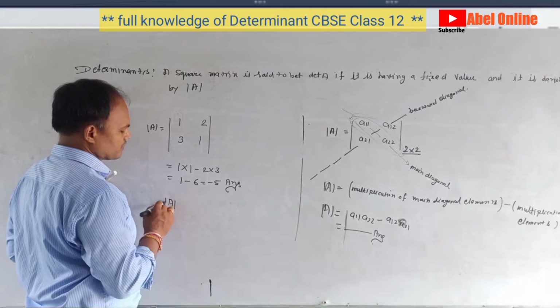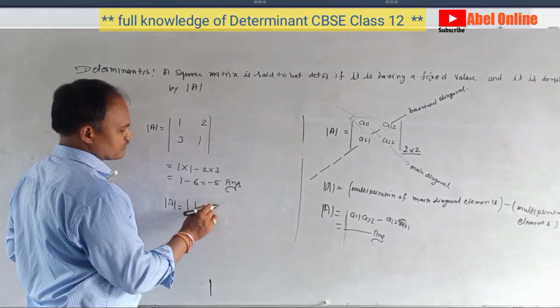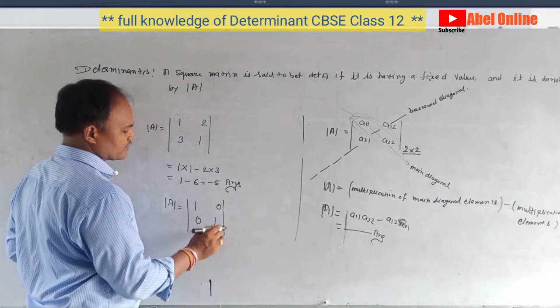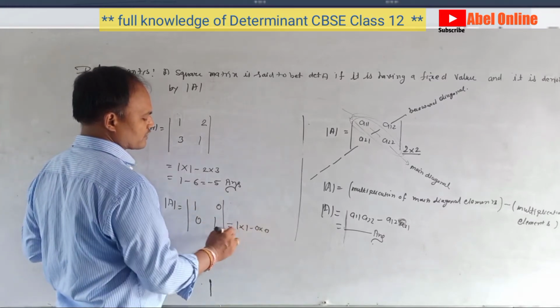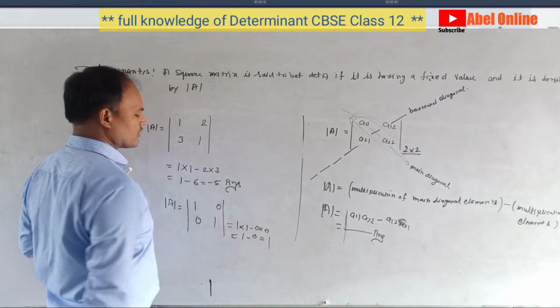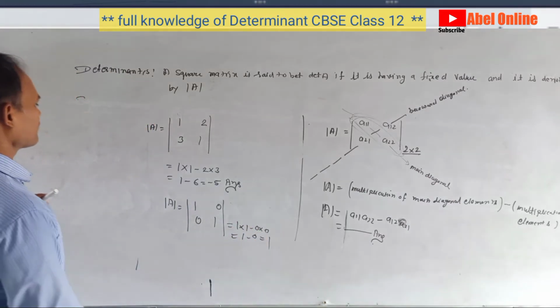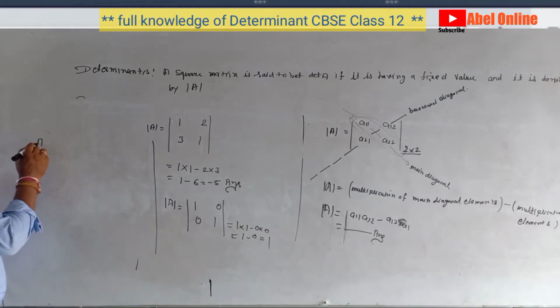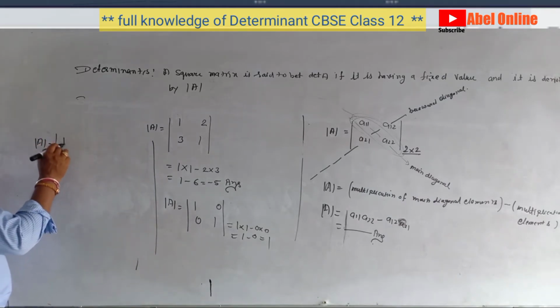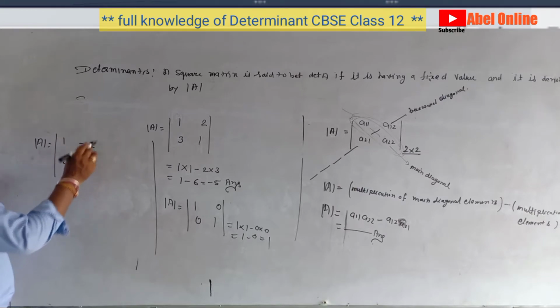Just take another example. Suppose it is 1 0 0 1. We can say that it is 1 into 1 minus 0 into 0, so it is 1 minus 0, so 1 is the answer. Now what about the determinant of A if it is 1, minus 2, 3, minus 1?